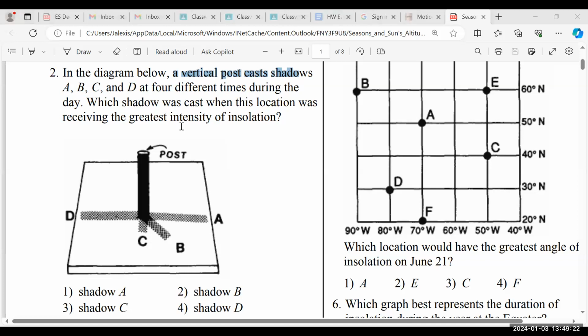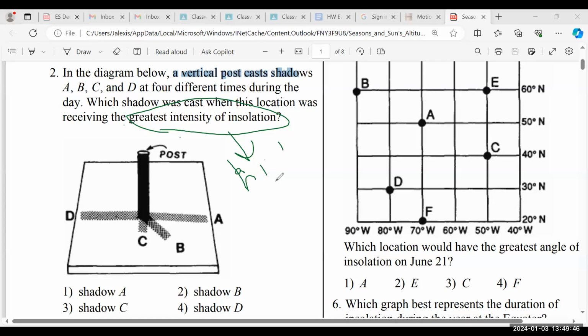All right. So when we're talking about the greatest intensity of insolation, we're talking about a moment when we have the greatest amount of energy that comes from the sun.